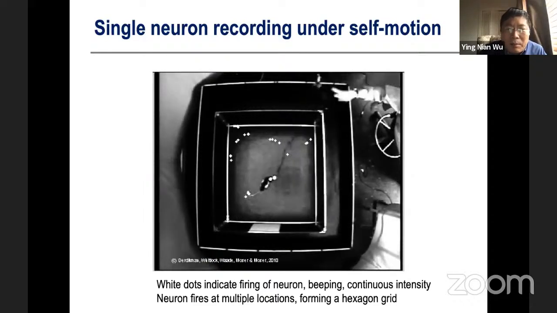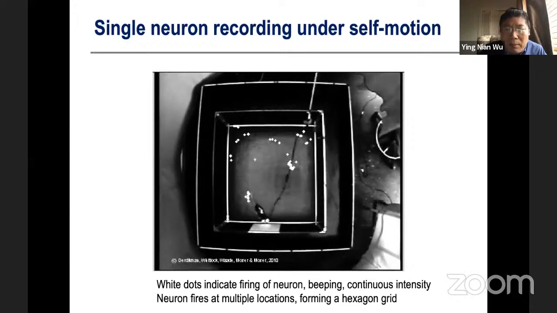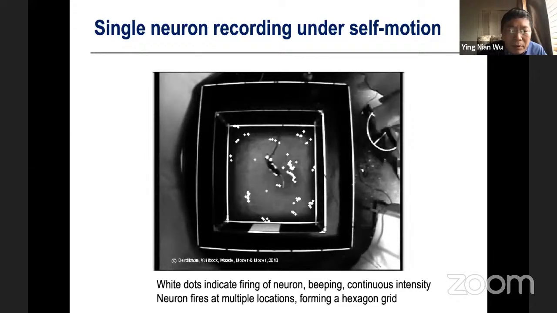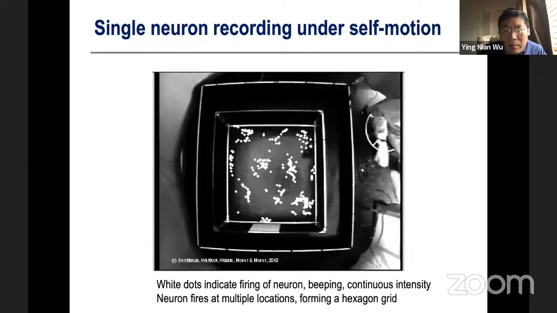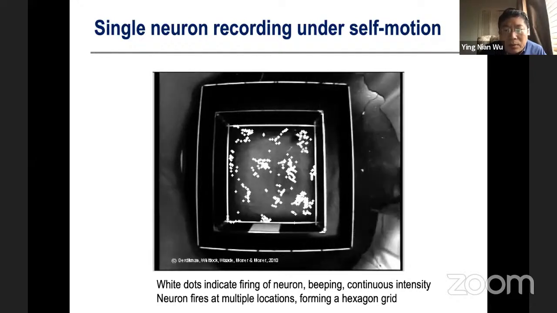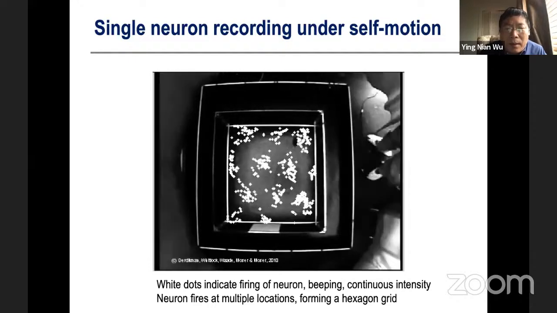And in the beginning, you don't see much of a pattern, but gradually you will see that the neuron, or the grid cell, fires at multiple locations. And then gradually you see that a hexagon pattern will emerge. So they fire at a hexagon grid. Yeah. So this is what you see.